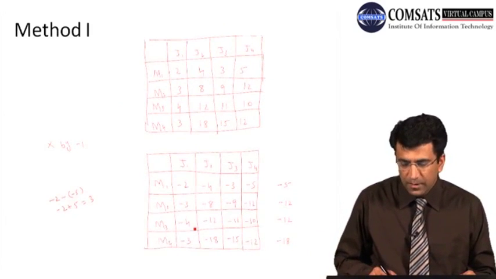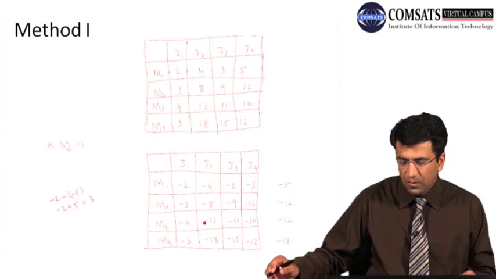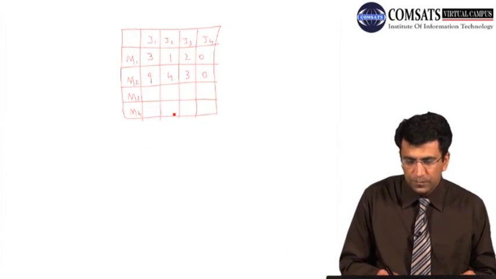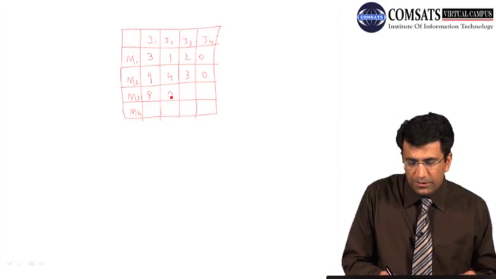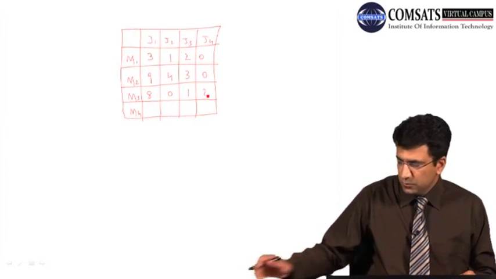Similarly, third row, minus 4 plus 12, it will become 8, 0, 1 and 2.